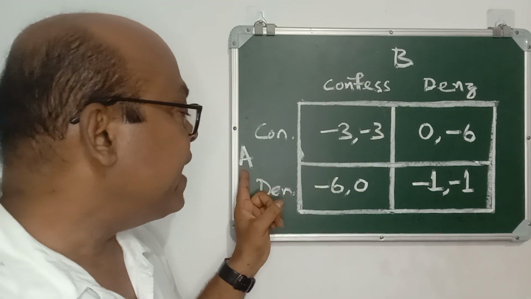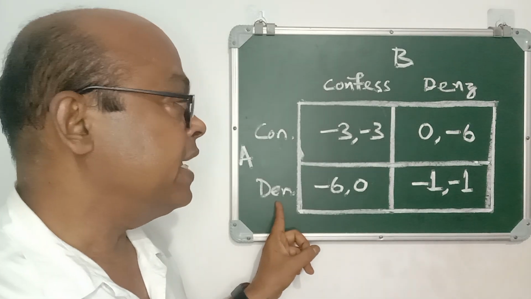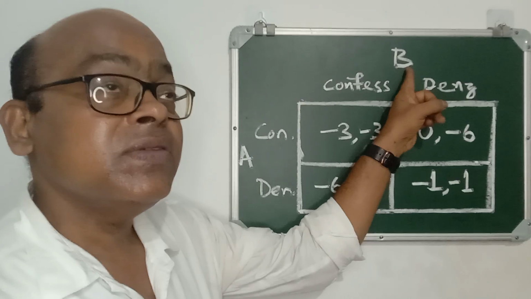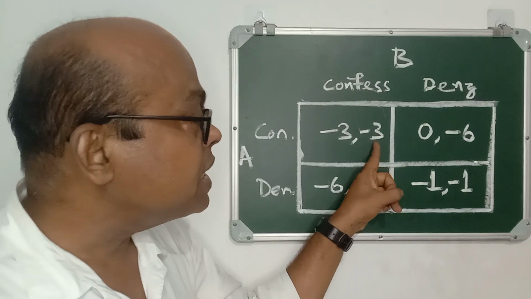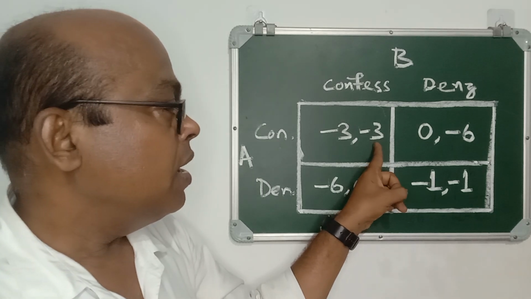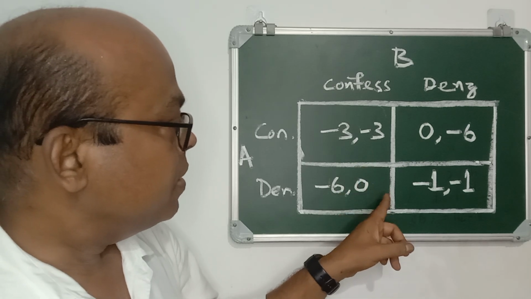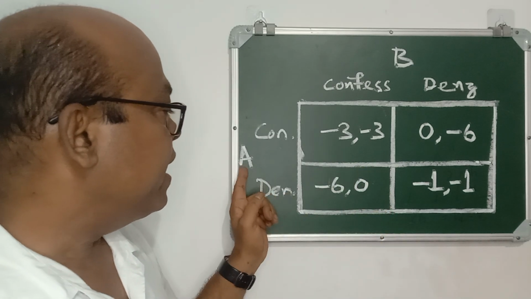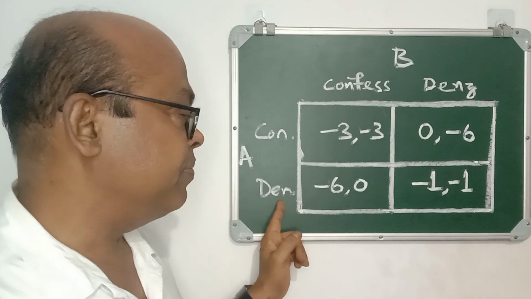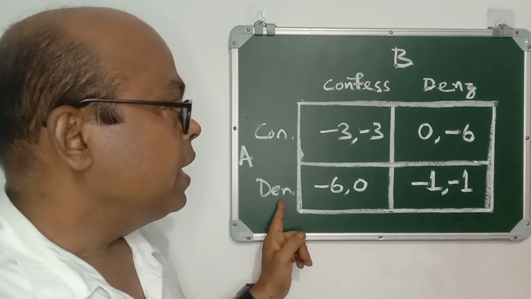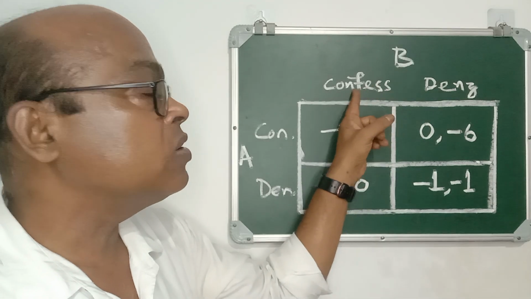If A is choosing deny, or A is denying the crime, then the best strategy for B is also confess.